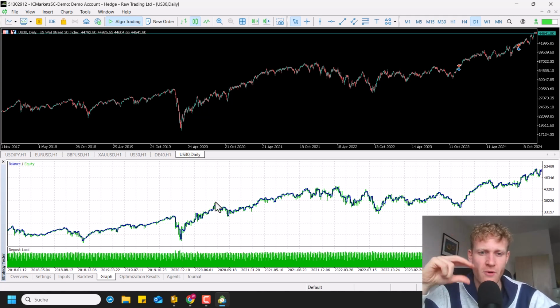Also, if you just trade from Monday to Friday all of the stocks in this specific index, the US 30, you can pretty much mirror the performance of the US 30, even with a smaller drawdown if there are some drastic or very quick drawdowns in the index, like for example, the COVID event.